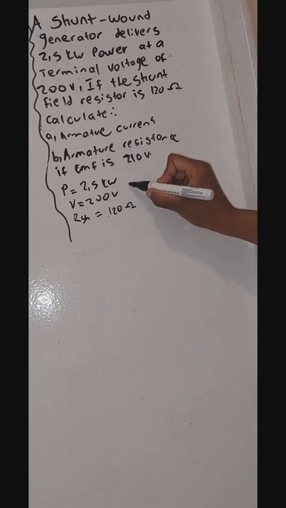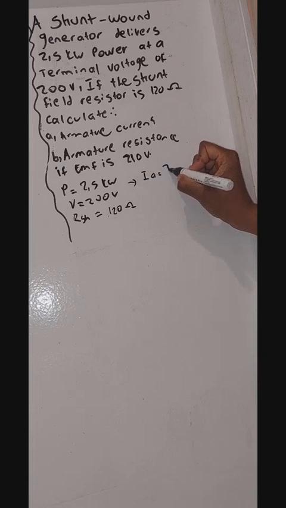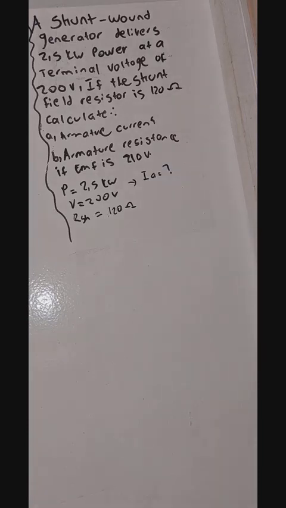So using this information, they want the armature current. So let's use what we are given to find a correct formula, so that we can substitute answers to find the armature.